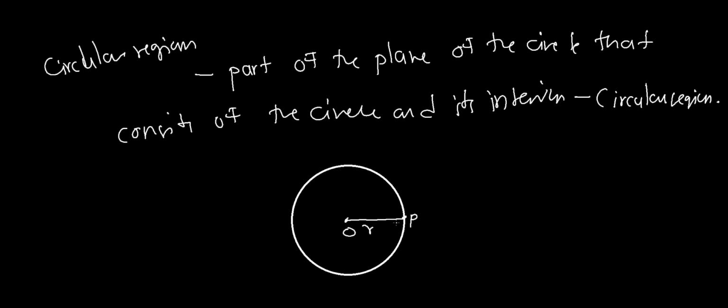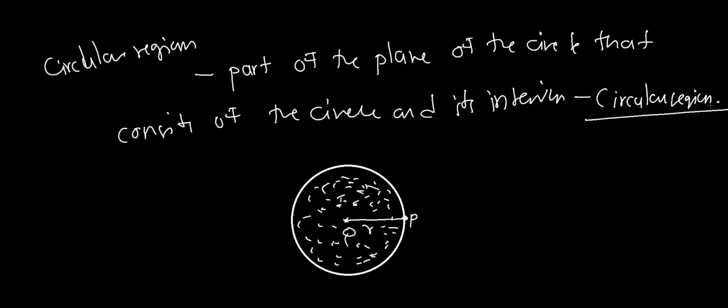The part of the plane that consists of the circle means these sets of points where P lies, and such points make a circle, and its interior means the points lying here. So all this makes a circular region.